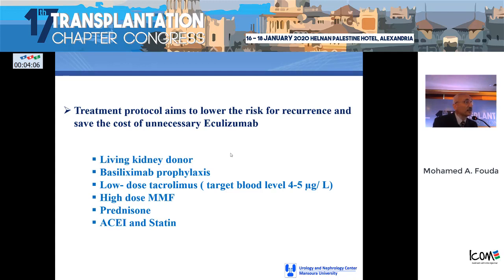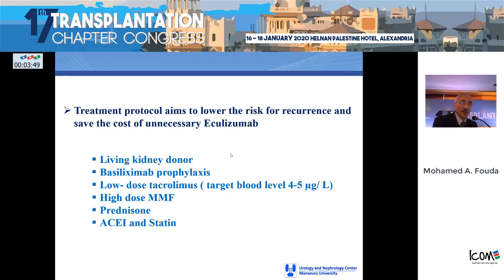They used living kidney donors to eliminate the ischemia reperfusion injury. They used basiliximab prophylaxis, an anti-interleukin 2 receptor antagonist, which blocks T lymphocytes without causing complement-mediated cell lysis.